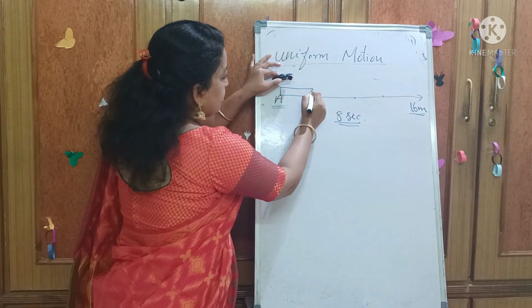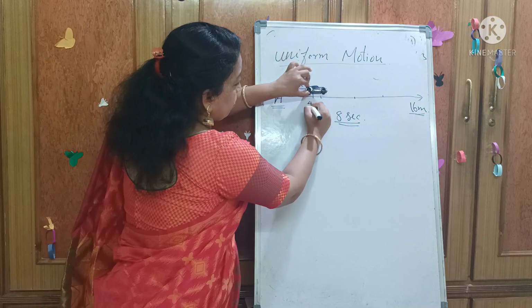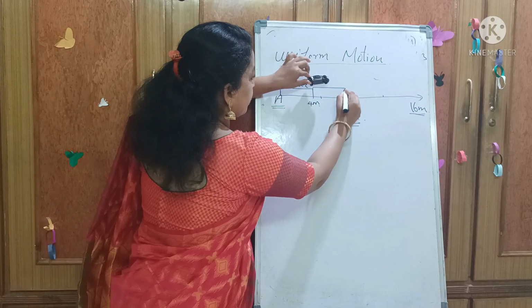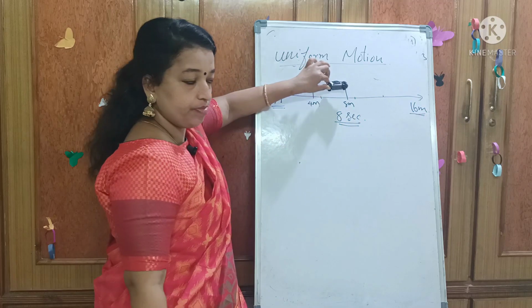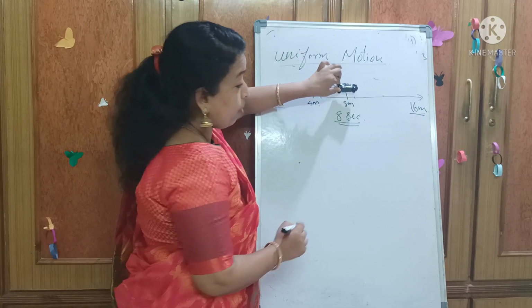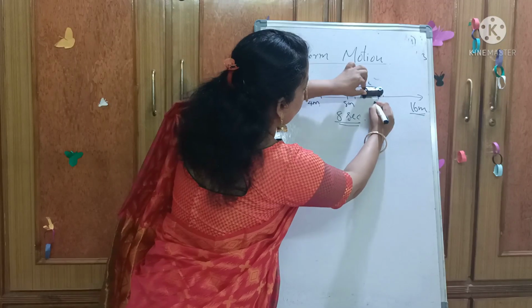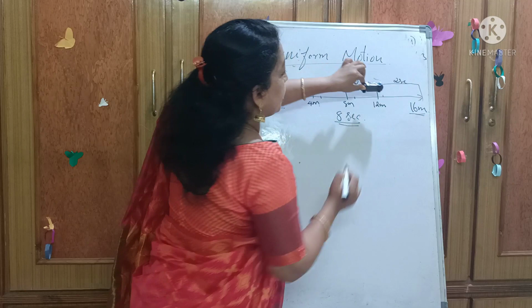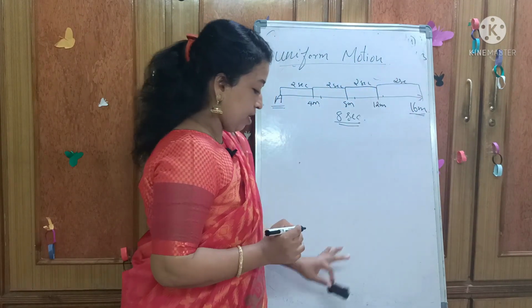In the first 2 seconds, this car covered a distance of 4 meter. In the next 2 seconds, it covered a distance of 8 meter. Now the car is at 8 here, this is the position of the car now. In the next 2 seconds, it covered a distance of 12 meter. Finally, in the next 2 seconds, it covered a distance up to 16 meter.